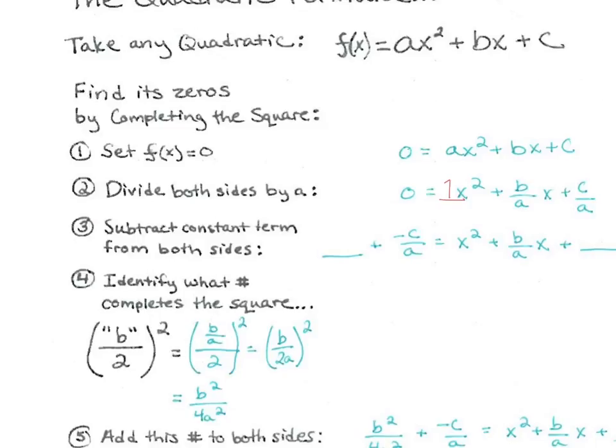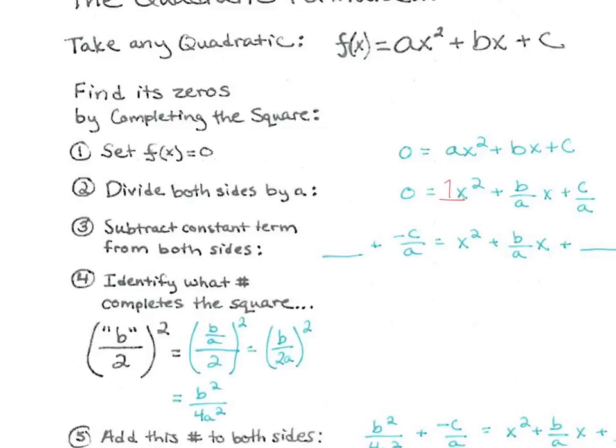And so if that's going to happen, we need to divide all the way through this equation by a. So that's what you see in step 2 here. X squared divided by a is just a 1x squared. Bx divided by a is b over a times x. And then my constant divided by a is just the fraction c over a.